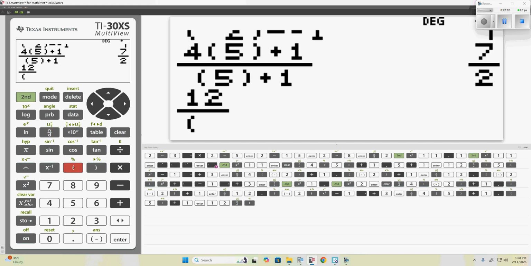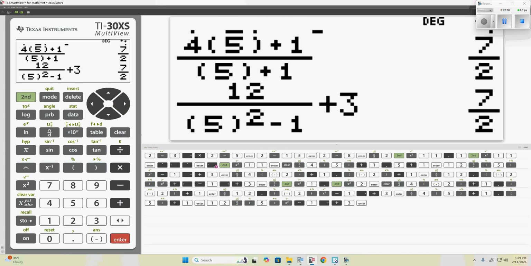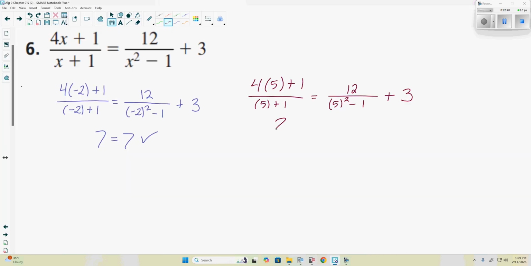Say 12 over 5 squared minus 1 plus 3 is also 7/2. So we're saying that 7/2 is equal to 7/2. So that checks out. That works.